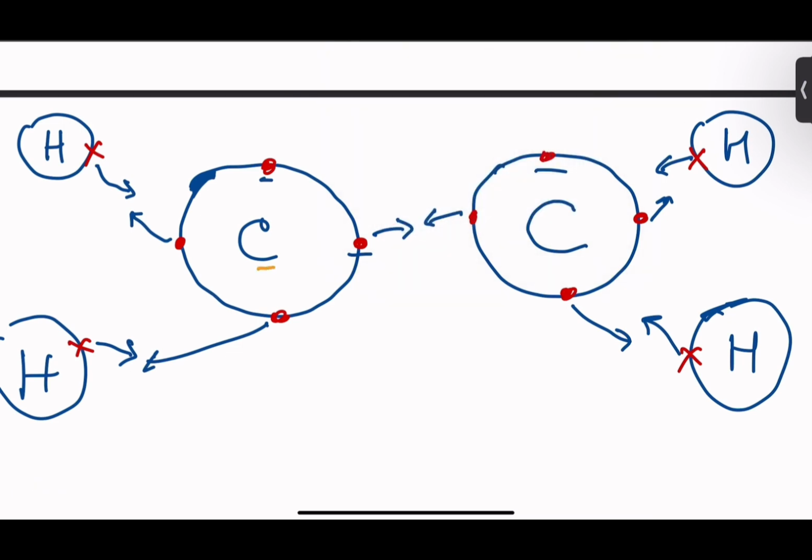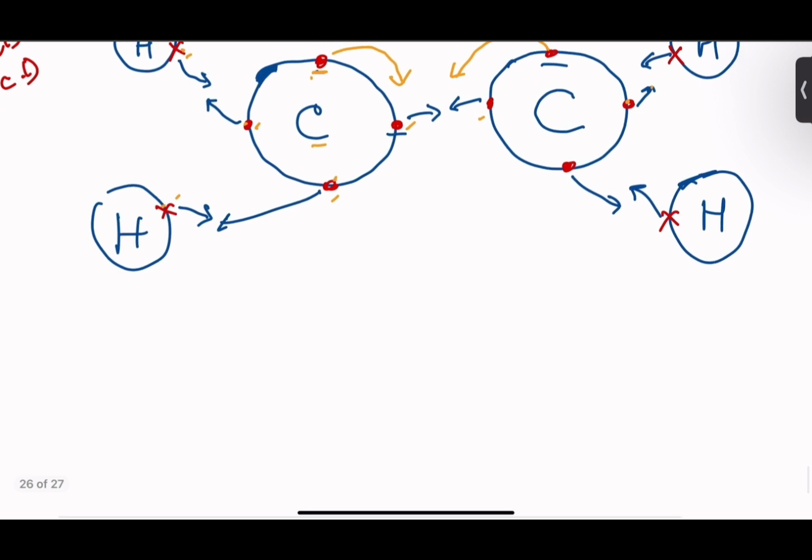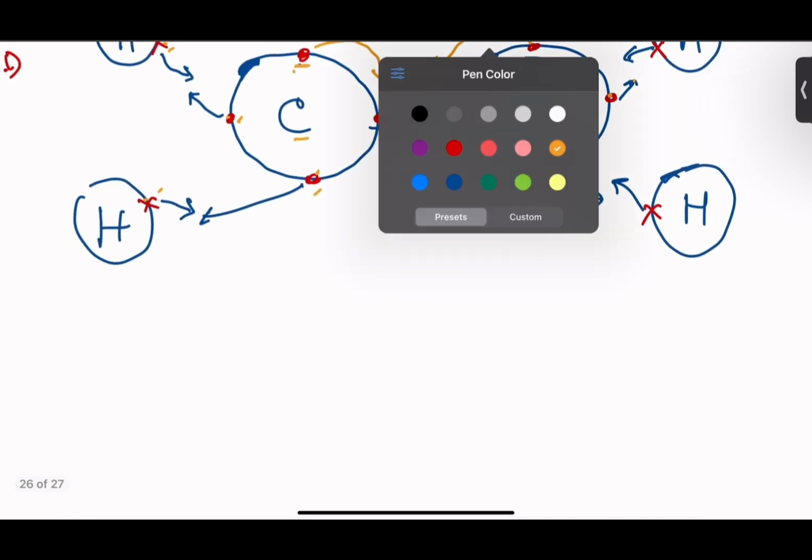Around this carbon I have 1 electron that it didn't share yet, plus 1, 2, 3, 4, then 1, 2, 3, 4, 5, 6, so altogether it adds up to 7. Same thing in here. So I'm going to share 1 more electron with this carbon, because hydrogen can only have 2 electrons max. So if I share those electrons, this is how it's going to look.